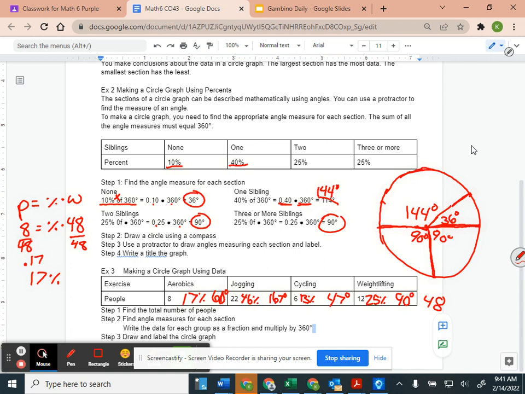This would be 165. And that would be 45. So if I add up 60 plus 165 plus 45 plus 90, I get 360.